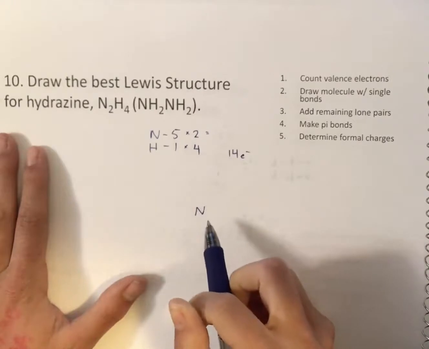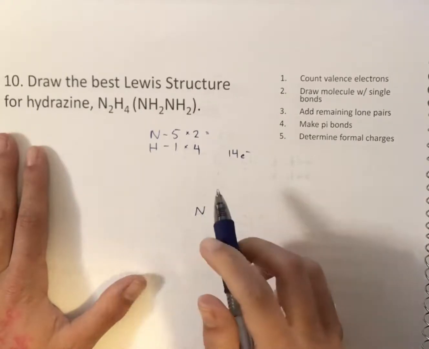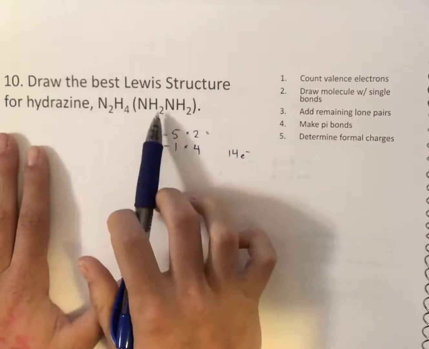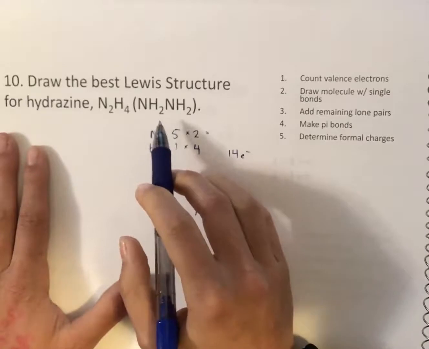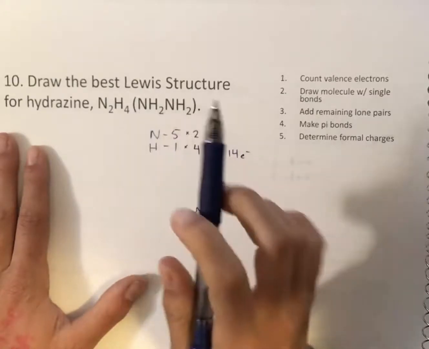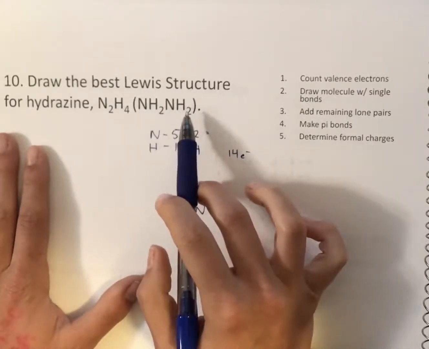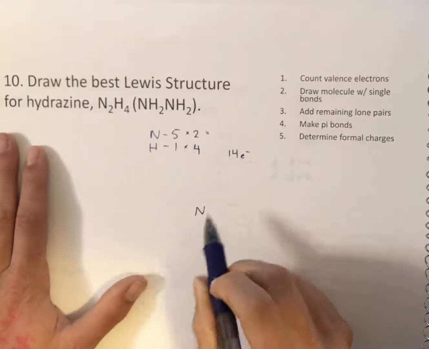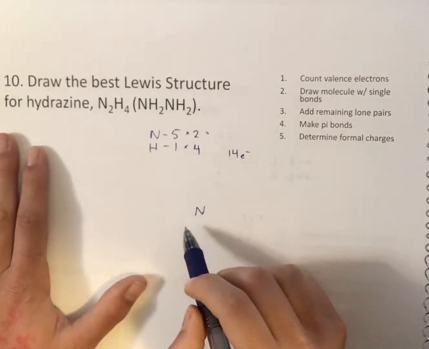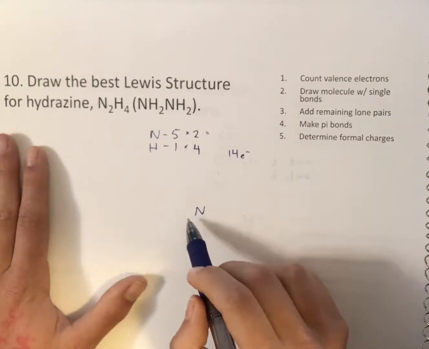But what we don't know beyond that is where everything else goes. The way they've split this up is saying there's an NH2 on one side and an NH2 on the other side. And we know that hydrogens have to be terminal, which means they have to be on the ends of the molecule because they can only form one bond.